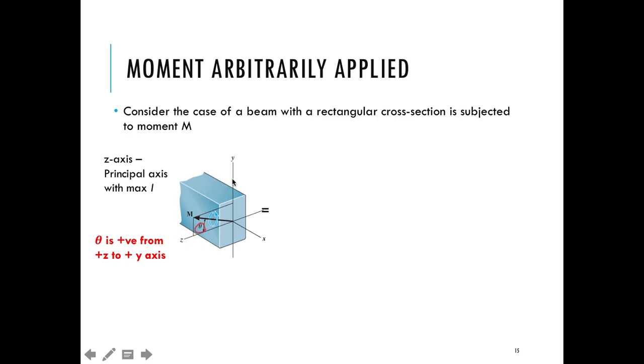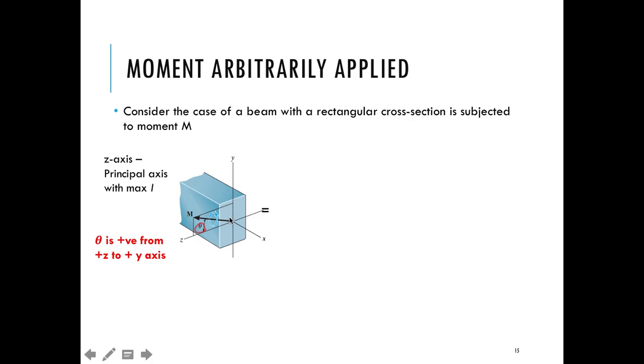If I do that, then I can use straightforward vector resolution along particular directions to find what the component of the total applied bending moment M is in the z direction and in the y direction.